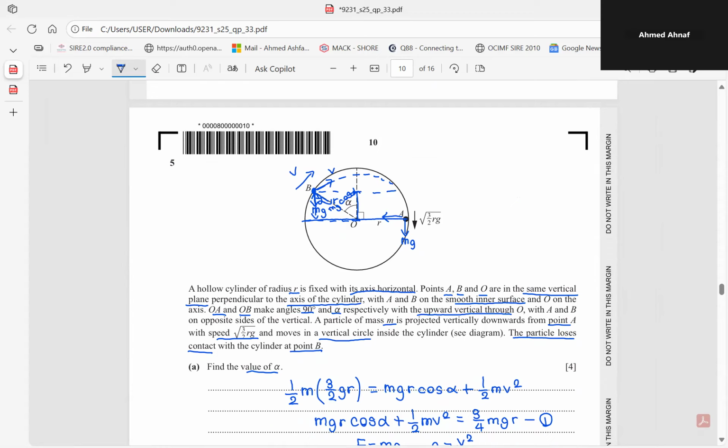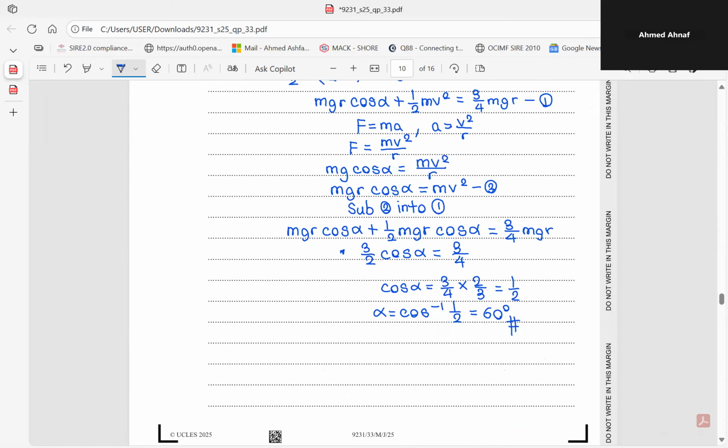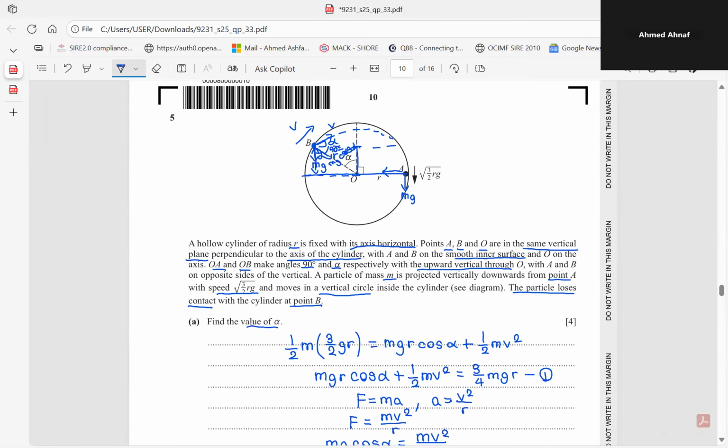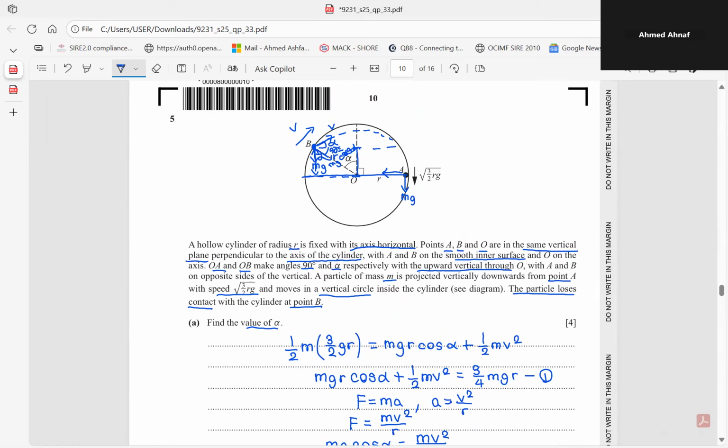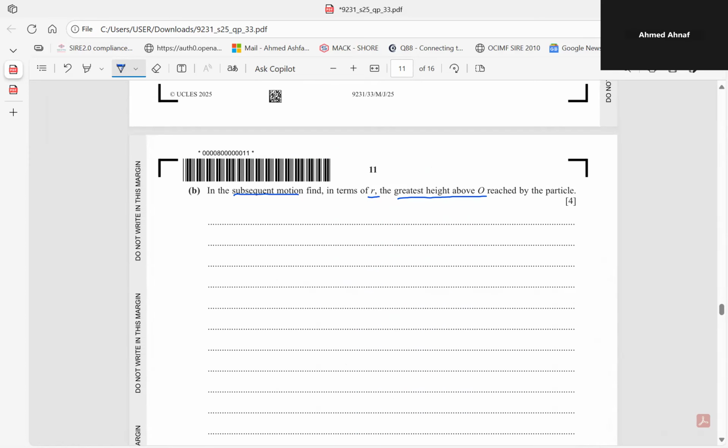So to find that out, this line is tangent to the radius, so it's 90 degrees, and we know this is alpha, so this is 90 minus alpha, and 90 minus 90 minus alpha, you just get alpha. So the angle of projection is alpha, and the initial velocity is v. Okay, since we want to find the greatest height above O, we just need to be concerned with the vertical component of the velocity.